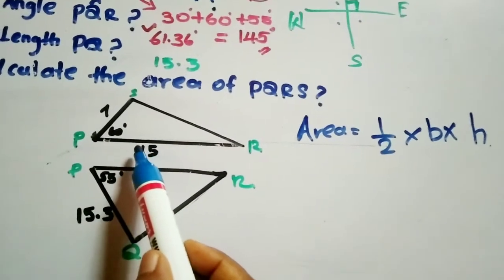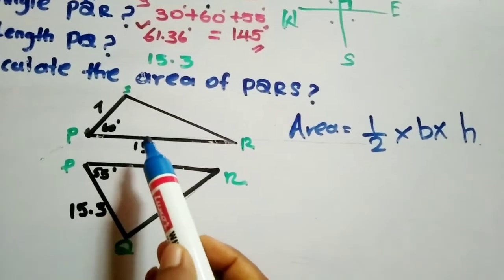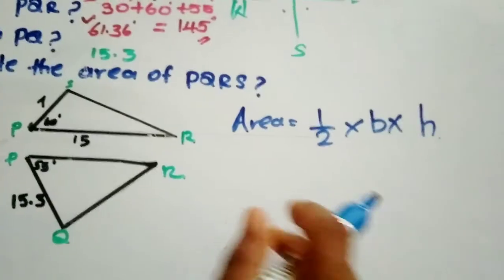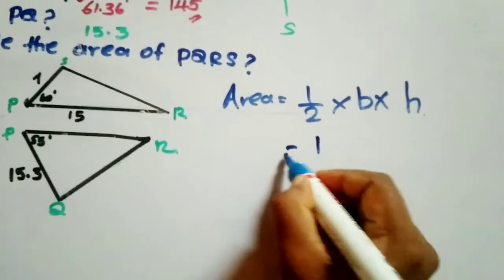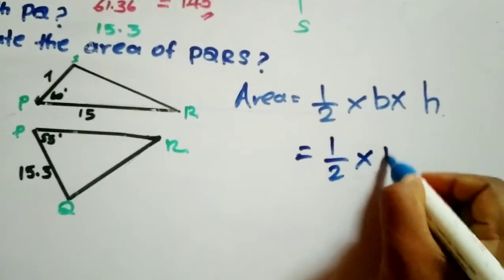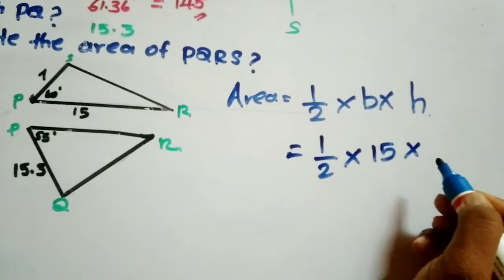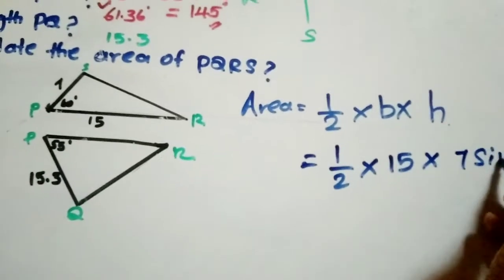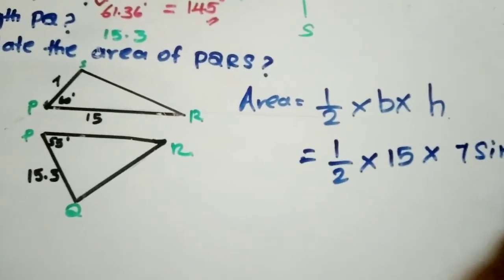Here in this first triangle, the base is 15. The perpendicular height we have to find. Let's apply the values. Half into base 15, height 7 sine 60. How did 7 sine 60 come?